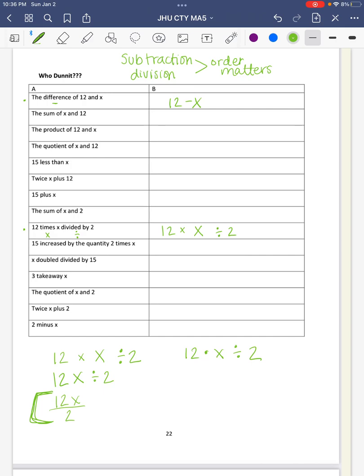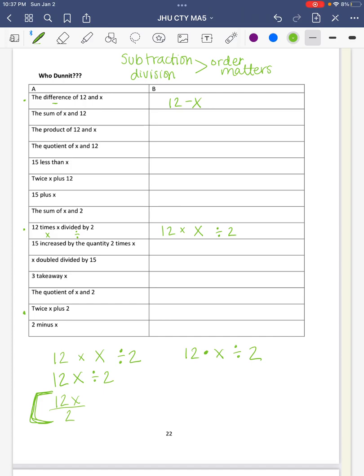So, things that you could see in the future. And let's do one more. Twice x plus 2. I like that one. Twice x plus 2. Twice. What does twice mean? If I have twice something, if you have 4 pencils and I have twice the amount, that means I have 8 pencils.